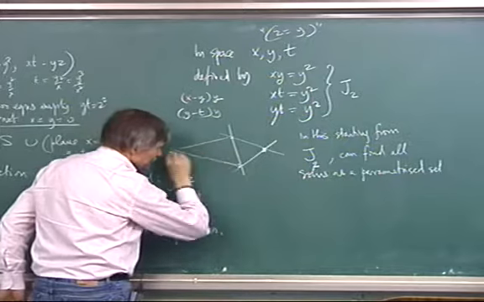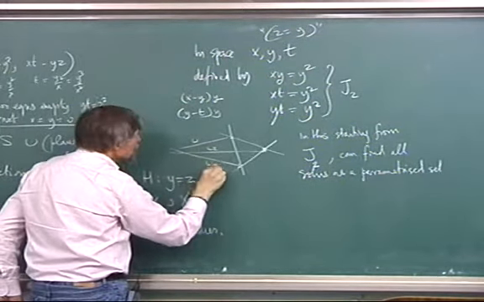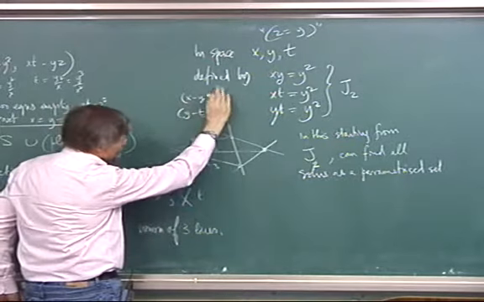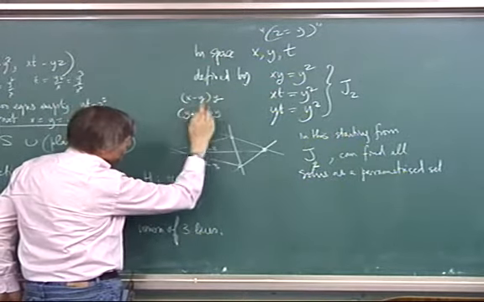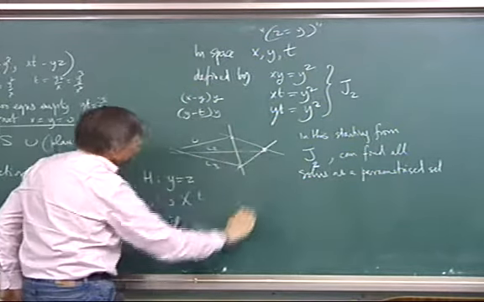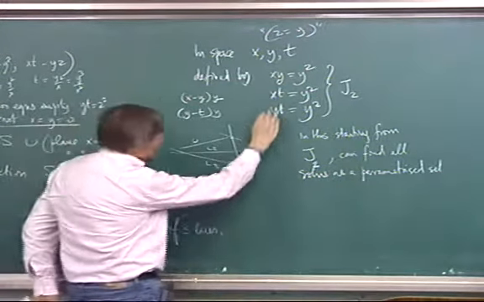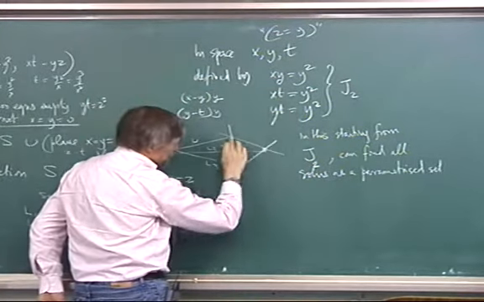I'm thinking of L1, L2, L3. If y is not 0, then these two are 0, which means I have to be on this line L2. If y is 0, I've got to have either x or t is 0, so I must be on this.